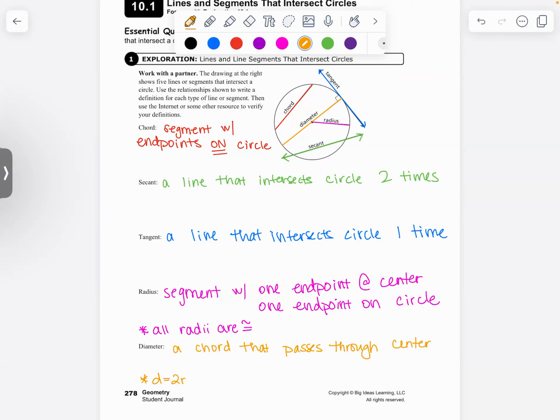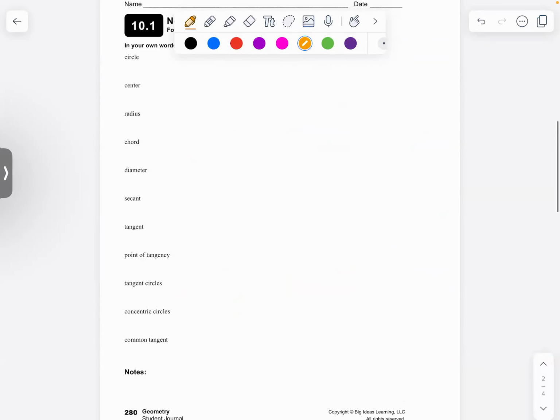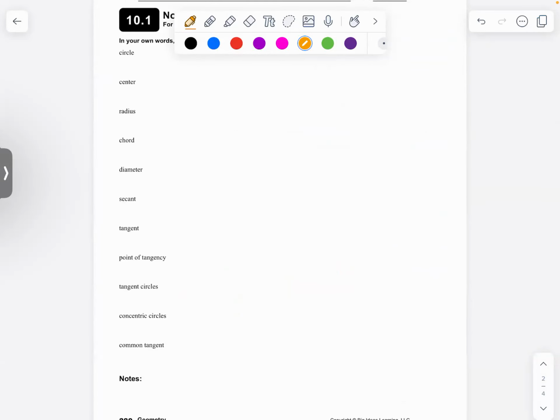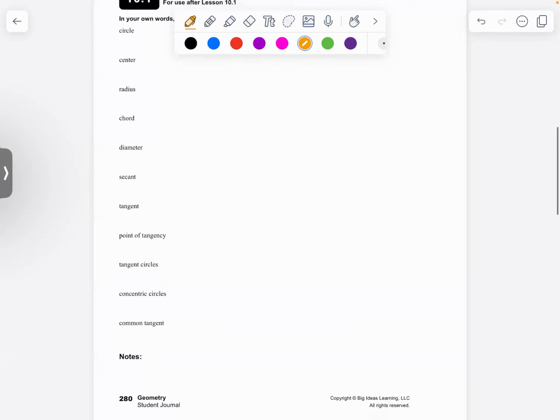So let's go to the next page. And by the next page, I mean the next page. Okay. So we wrote down a lot of things already. Radius, chord, diameter, secant, tangent.